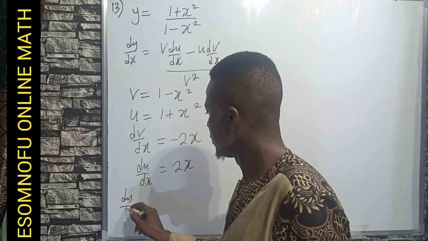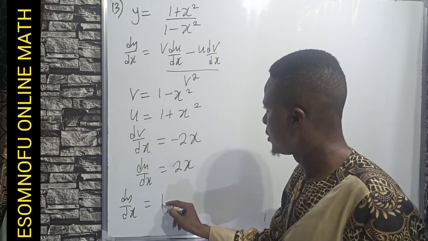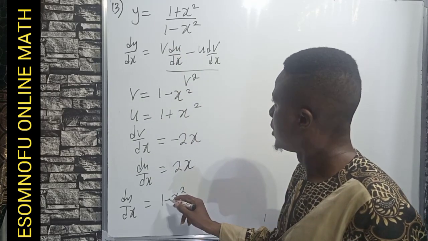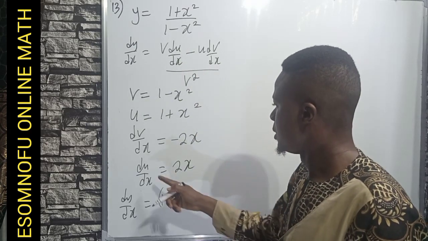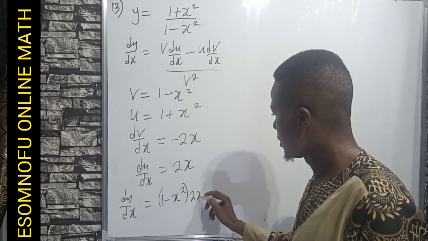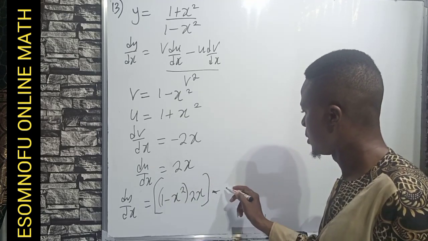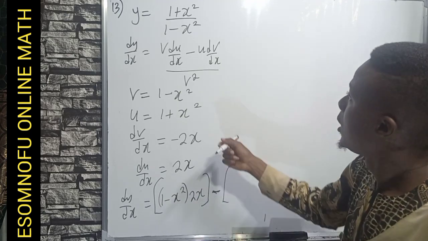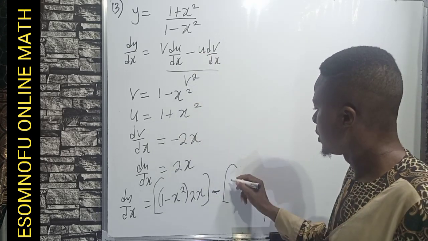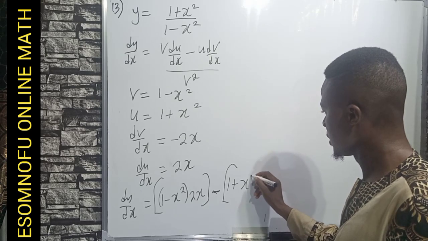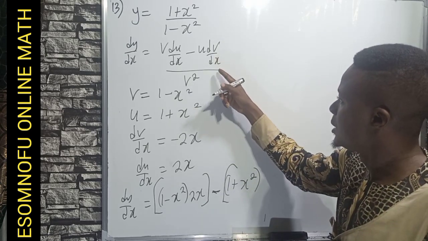Dy over dx implies v, our v is 1 minus x squared, multiplying du dx. Du dx is 2x, you compare it, minus our u is 1 plus x squared, multiplying dv dx.